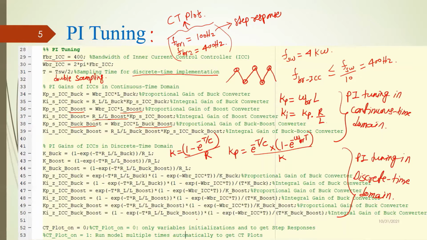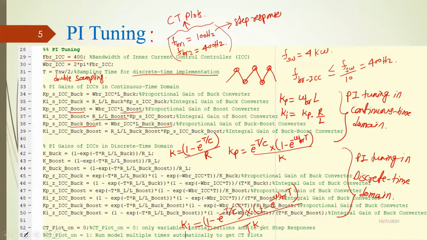So Ki is equal to 1 minus e power minus T over tau into 1 minus e power minus omega Br into T, then the whole divided by T into K. So these expressions we also saw in lesson 1 and lesson 2, how we have obtained them. And for a detailed look, please look at method 1 and lesson 1 and lesson 2.